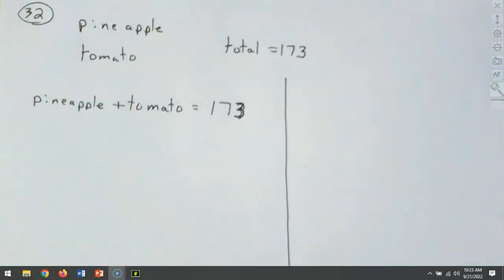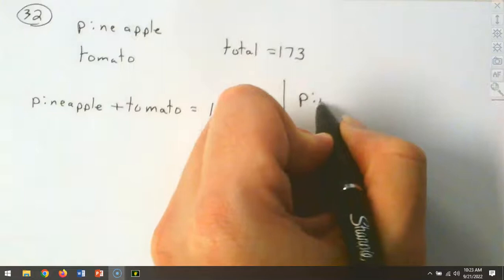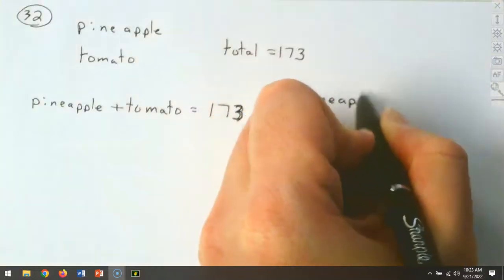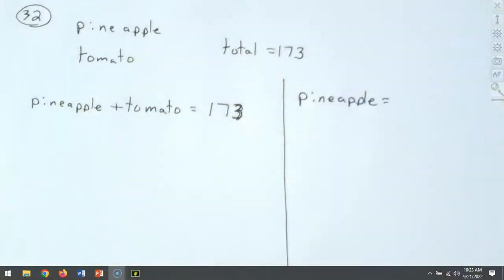We need to see how they relate to each other. So what do we know here? It says a 1 cup serving of pineapple juice has 9 more than 3 times as many calories as a 1 cup serving of tomato juice. So the pineapple juice is 9 more, so that means added, 9 plus, 3 times as many calories as the tomato juice.